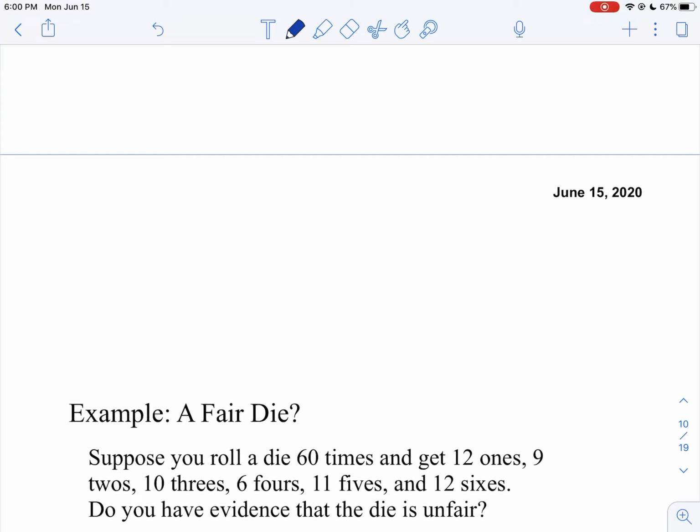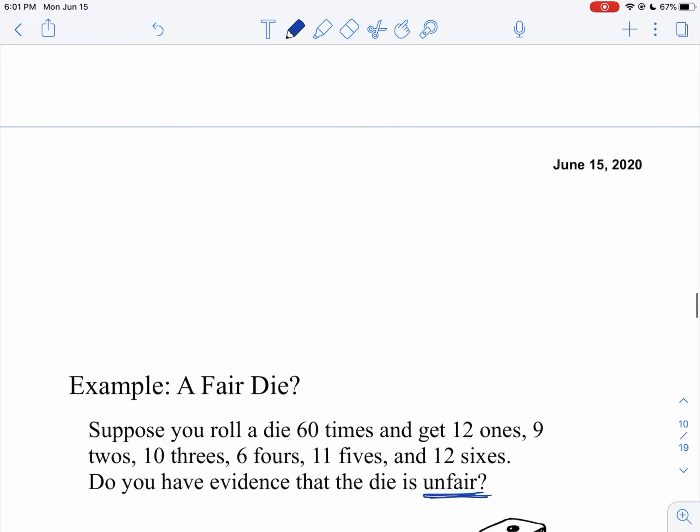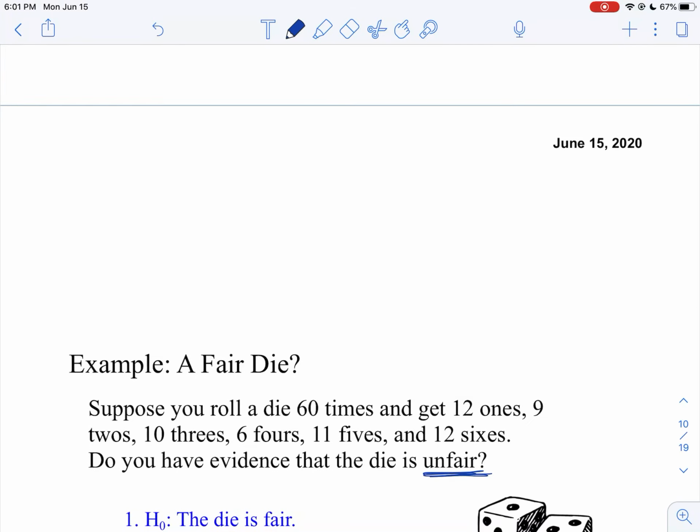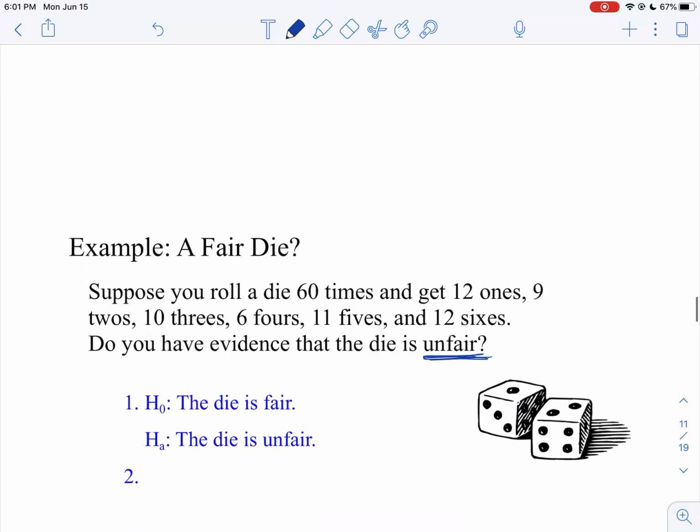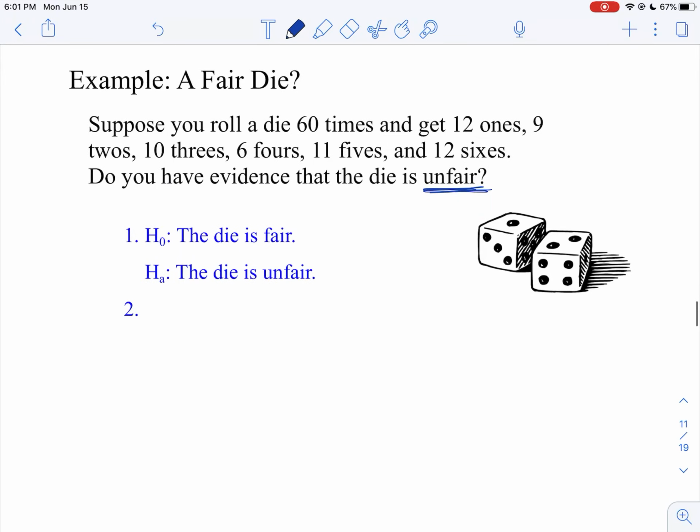So let's just go with our context. We're looking for evidence that the die is unfair, and we always look for evidence for the alternative. So what would our null be? Our null then should be the die is fair. And so then the alternative would be the die is unfair.